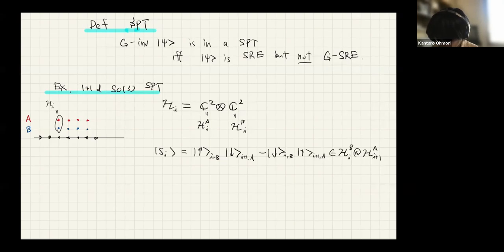Okay, so this is not the local state. And rather this Si has an entanglement between the A qubit at I plus 1 and the B qubit. Oh, sorry. Okay. Sorry.